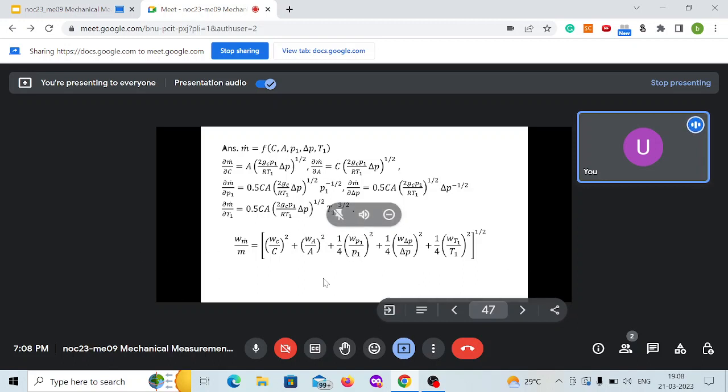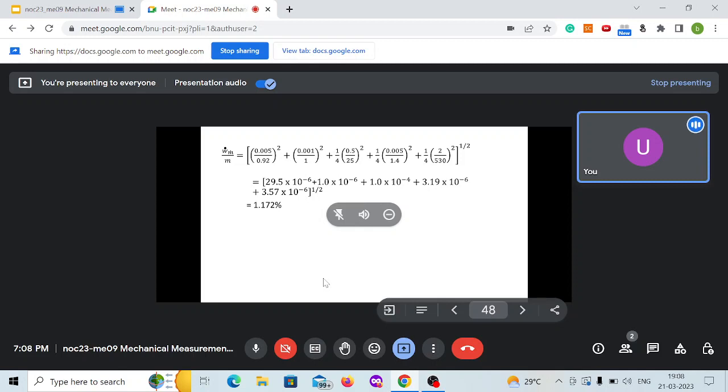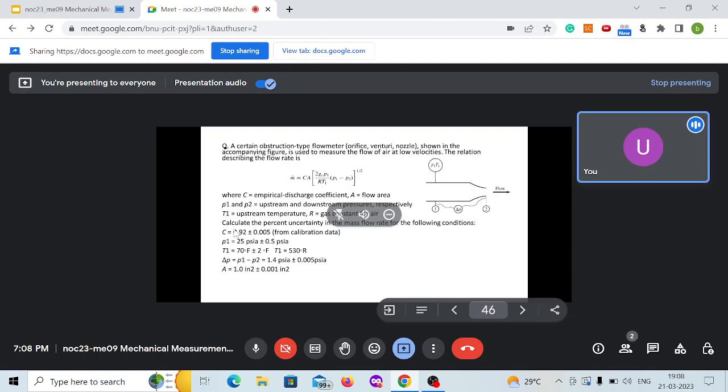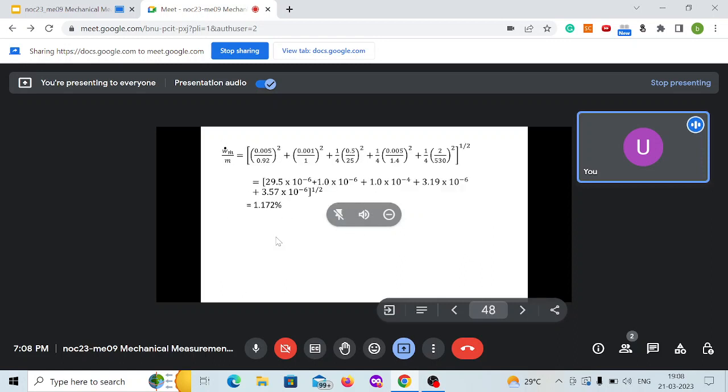So when you substitute the values given, we know all the uncertainties and the corresponding values. So we take 0.005 by 0.92 whole square plus 0.001 and so on and so forth. We substitute all the values, and so we get 29.5 into 10 power minus 6 1.2.